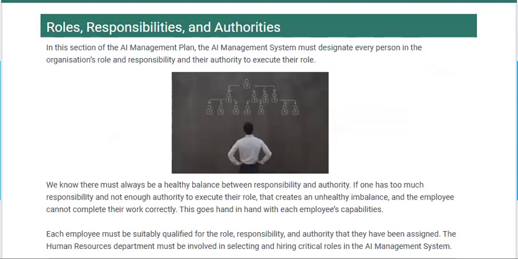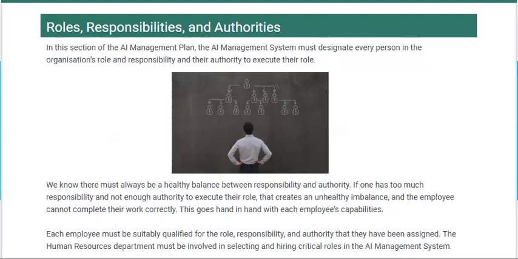Roles, responsibilities, and authorities. In this section of the AI Management Plan, the AI management system must designate every person in the organization's role and responsibility and their authority to execute their role. We know there must always be a healthy balance between responsibility and authority. If one has too much responsibility and not enough authority to execute their role, that creates an unhealthy imbalance, and the employee cannot complete their work correctly.